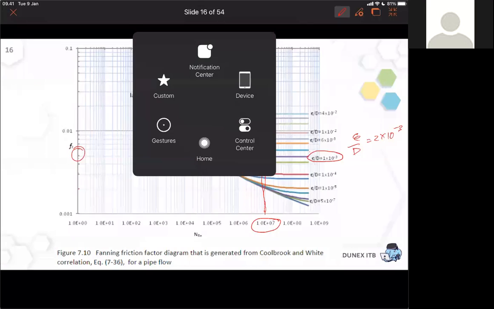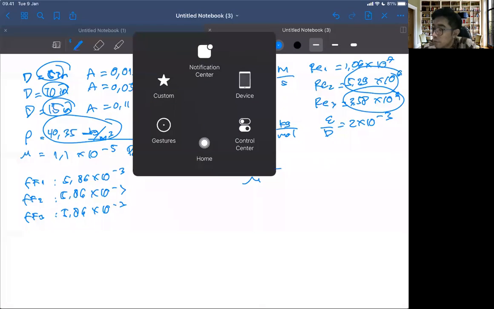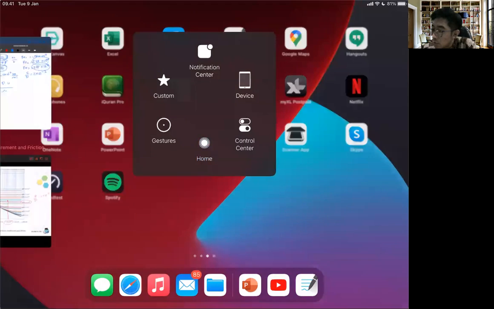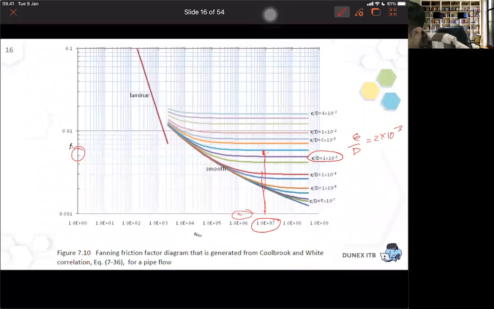For this one, this Reynolds number is 10 to the power of 6, right? So it should be around this area. So it's not in the stable line. I think the value might be slightly different, although not much different.